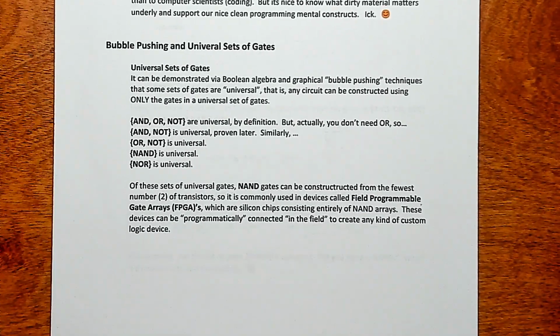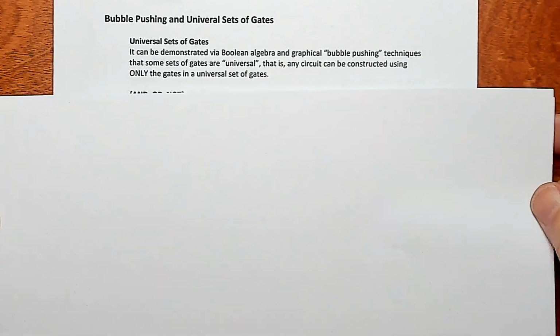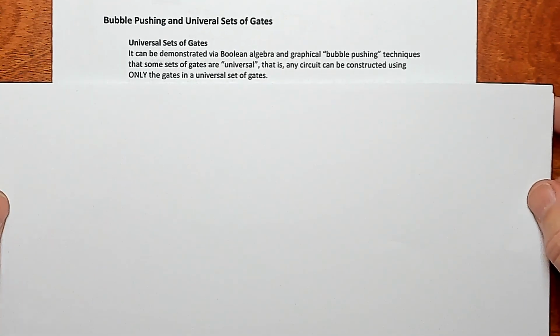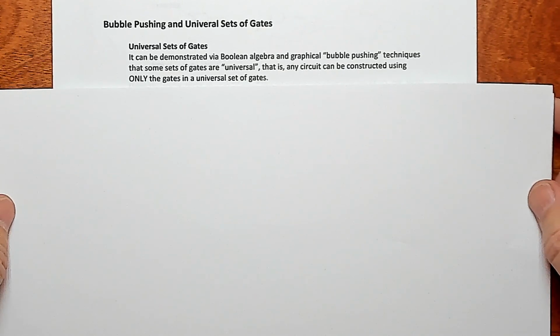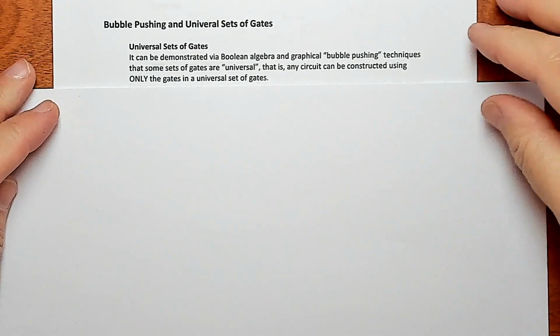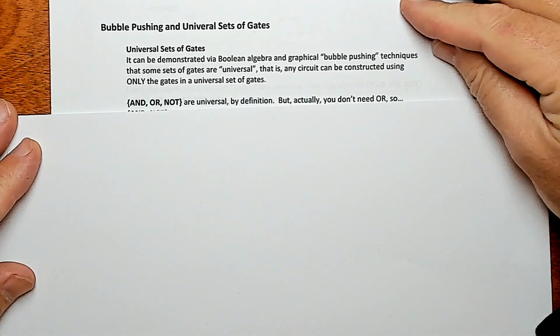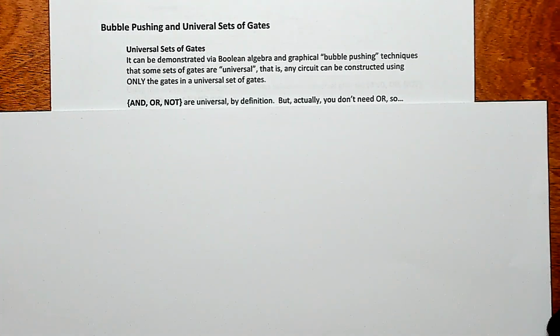Okay, so that brings us to this idea of bubble pushing and universal gates. There's this concept called a universal set of gates. The idea is, what gates do you need to have in your toolbox so that you can make anything? Well, AND, OR, and NOT are universal because that's what we started with.